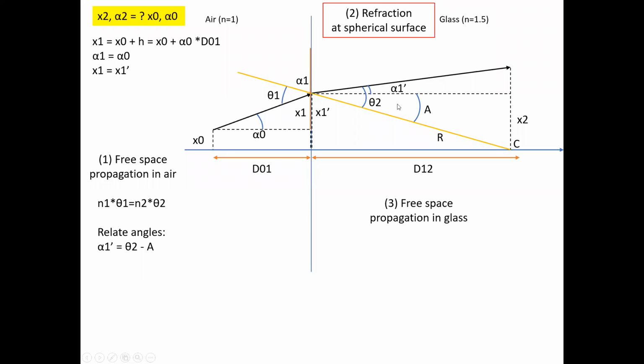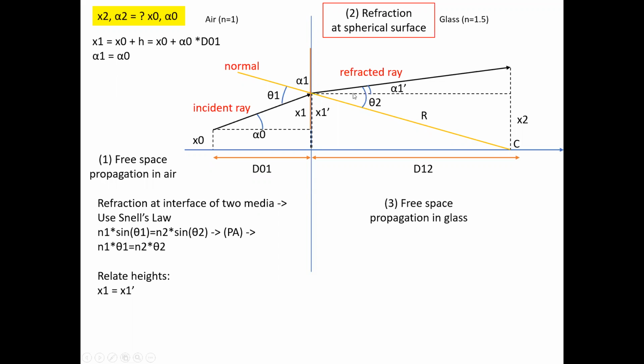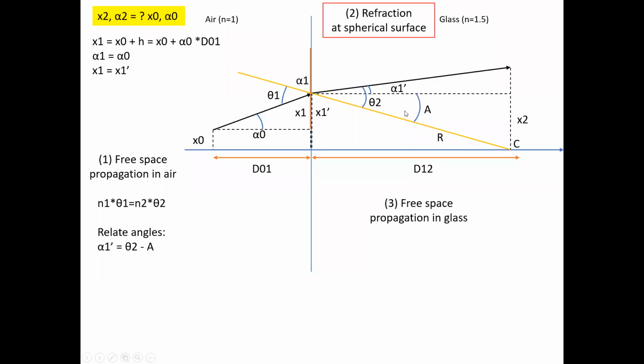If you look at this region where I'm pointing with the cursor, I have drawn the angle A. So θ2 equals A plus alpha 1 prime. I have to figure out how to relate alpha 1 prime with θ1. So alpha 1 prime equals θ2 minus A.